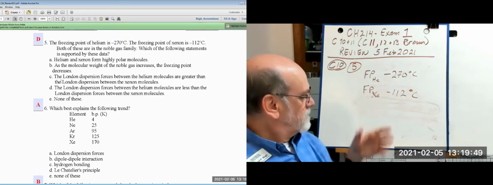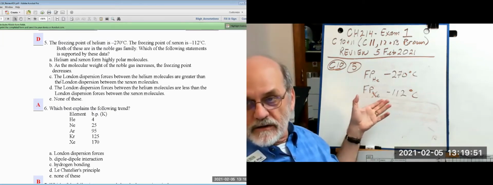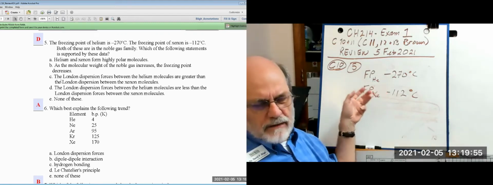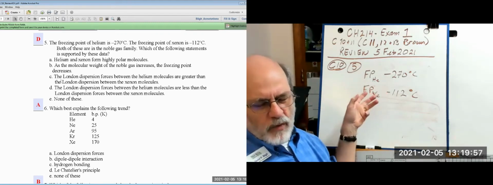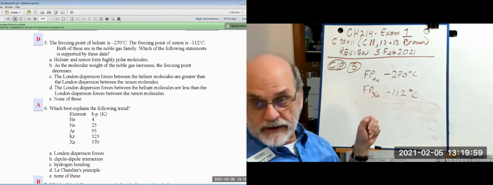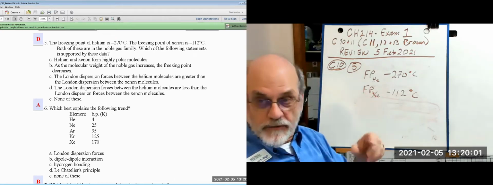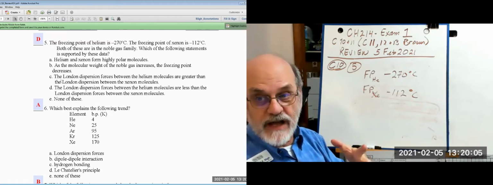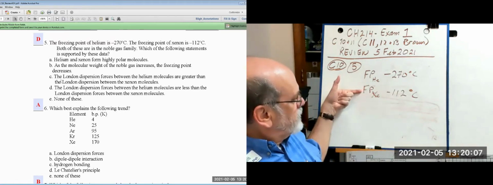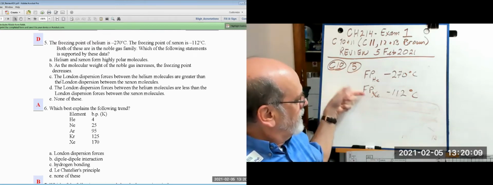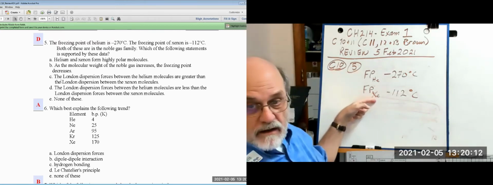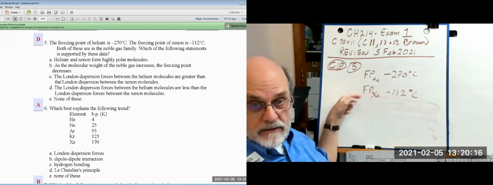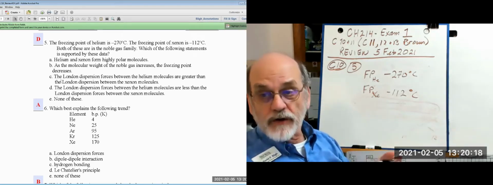Another way to look at it is melting point. If they're held more strongly together, they're less likely to melt. It takes a higher temperature for this one than for that one, because the London dispersion forces are stronger for xenon than they are for helium. So C is also false.